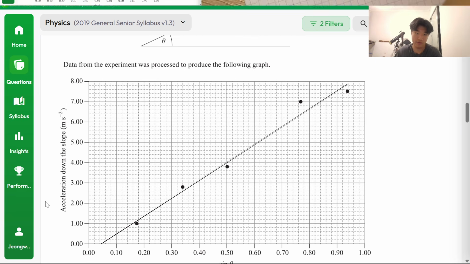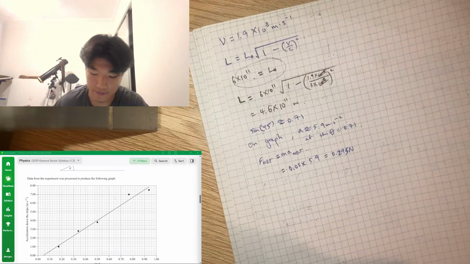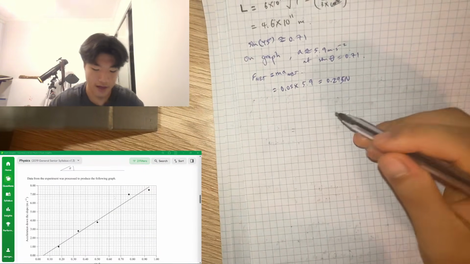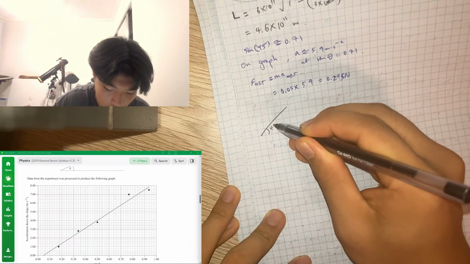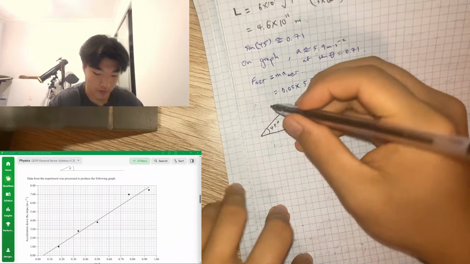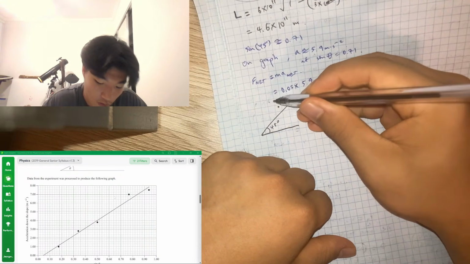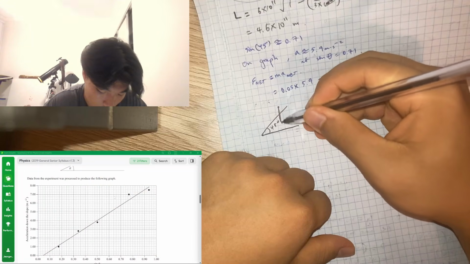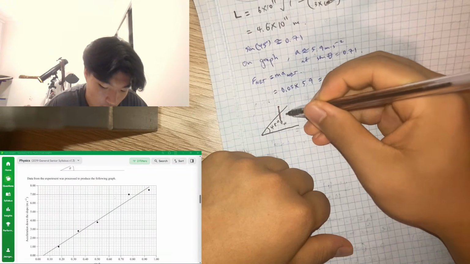So first, let's draw a free body diagram of the object. We can ignore the vertical components. We're just focusing on the horizontal components, or you could say parallel. So this is the force due to the weight.